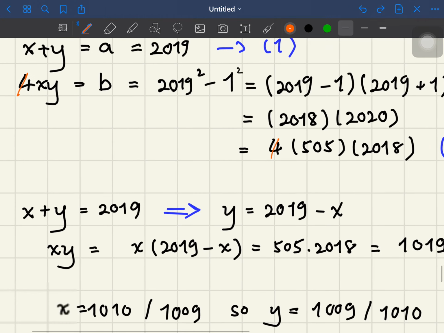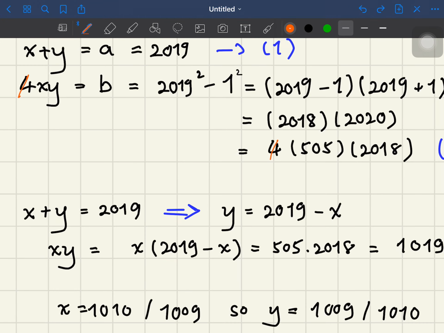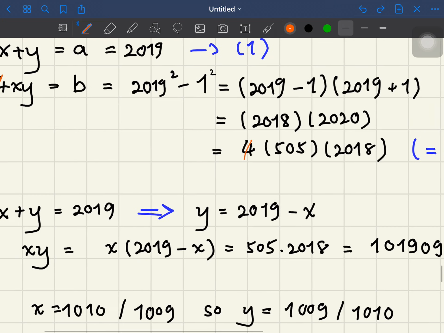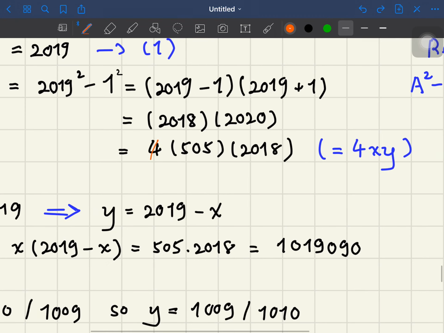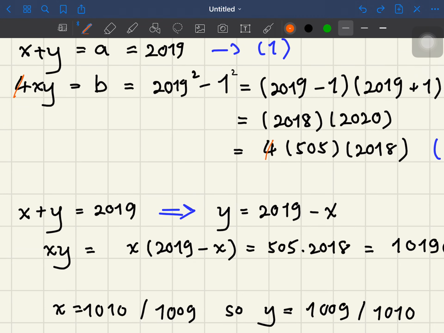Now recall x plus y equals 2019 from the first equation, and the second equation is b equals 505 times 2018. If you try to get y in terms of x, then y equals 2019 minus x from the first equation.